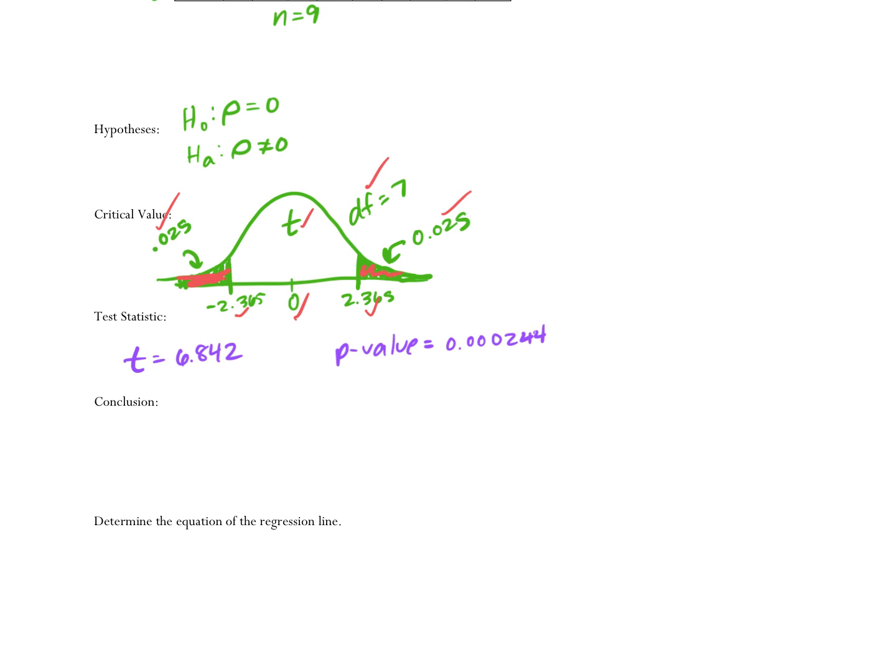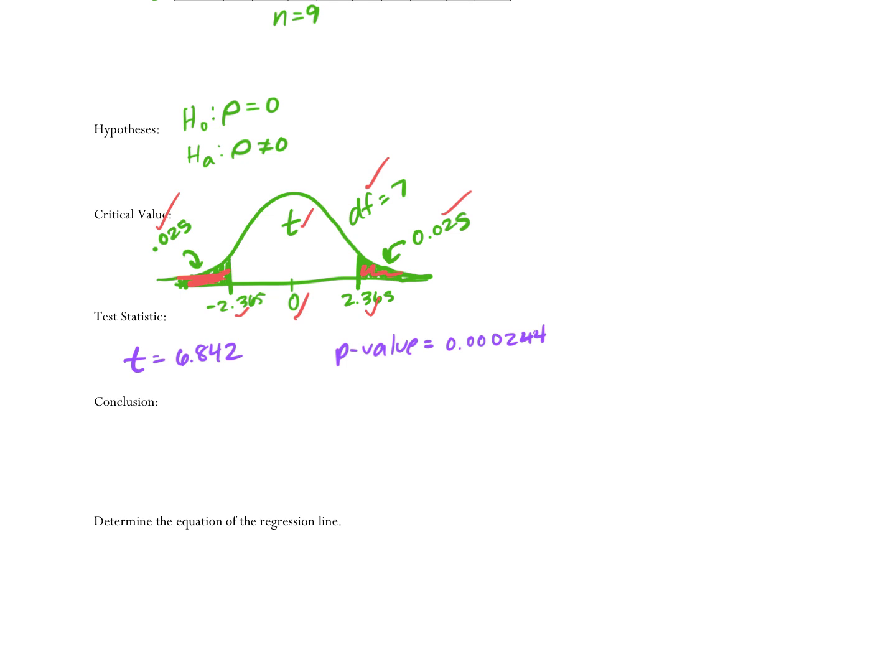The p-value is essentially the probability this sample could happen if there's no correlation. If there's not a correlation between these two things, this sample shouldn't happen, which is, again, evidence that there is a correlation. I would have a problem if you just gave me the 2.44. That would be problematic because your p-value can never be bigger than 1. That would be very problematic for me because it's a probability.